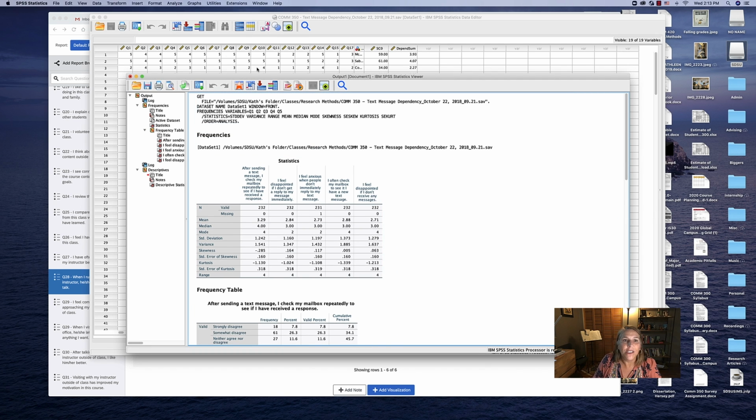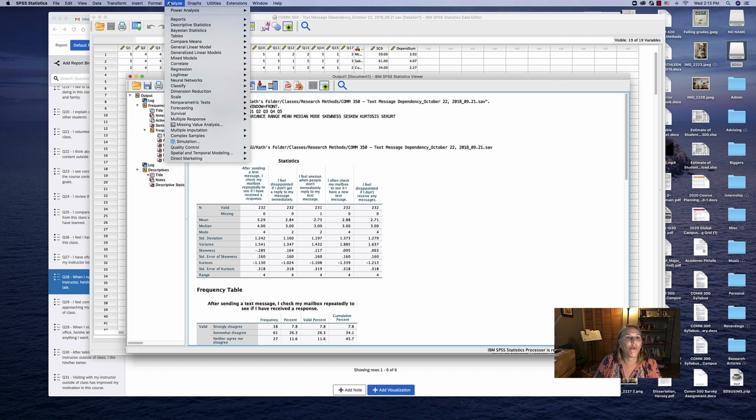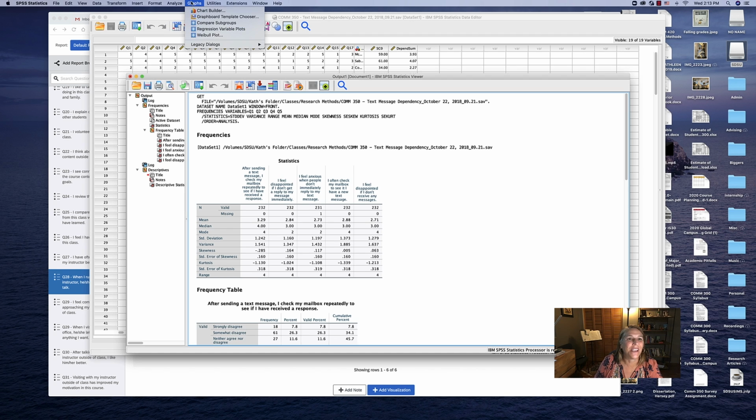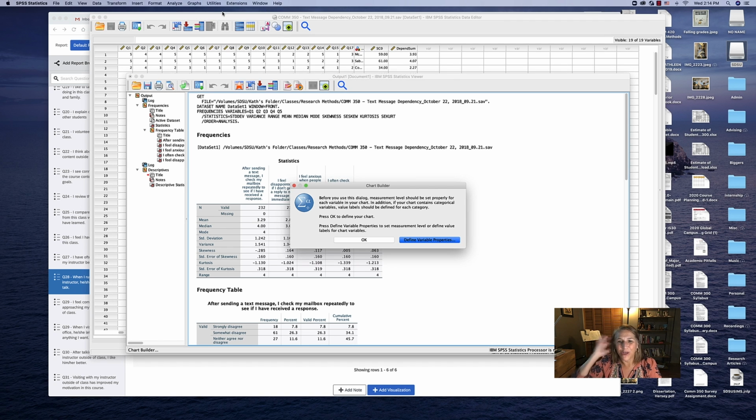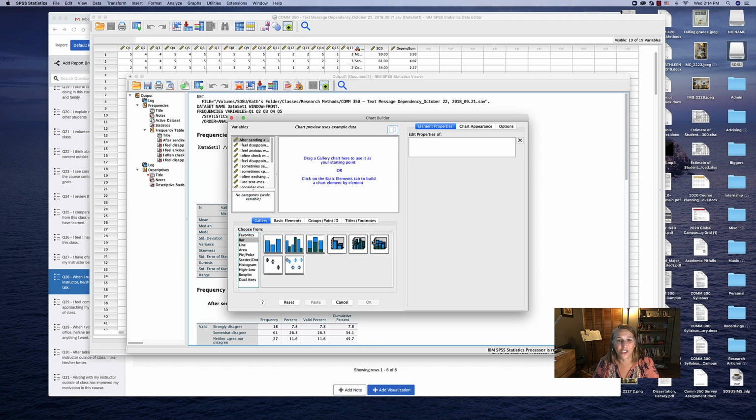So I'm going to be helping you start interpreting all of this, but I want you to begin exploring. Reports are in here. Explore. I'm going to be teaching you all of this so you can get used to what you're looking for in here. Graphs, we can do a chart builder. We can do all kinds of graphs up here, and then we can start using visual representations of our data.